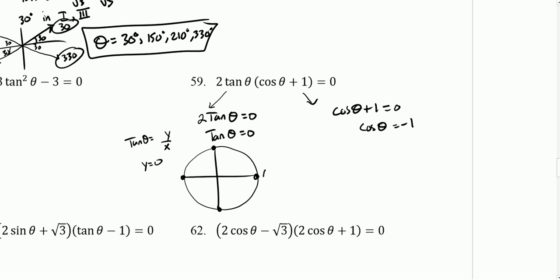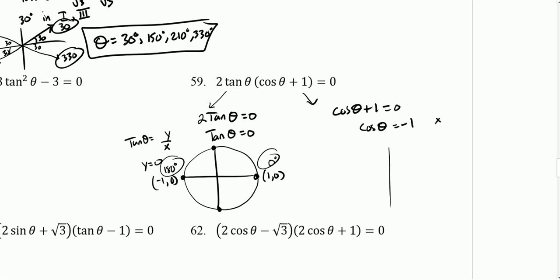Well, this is 1, 0 at 0 degrees. And here is negative 1, 0 at 180 degrees. So both of those are solutions. Cosine is your x value.